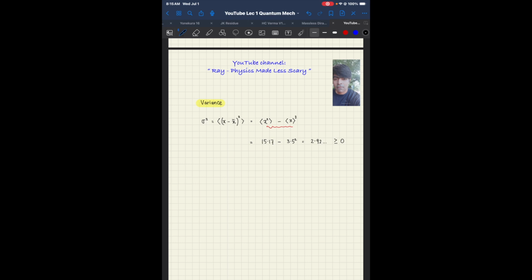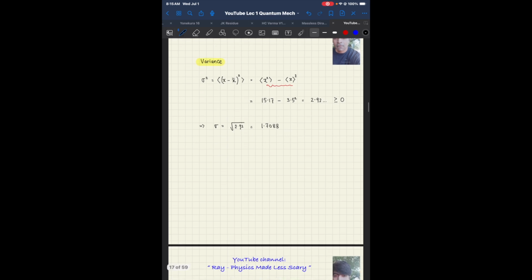Which implies sigma is the square root of 2.92, which is 1.7088.